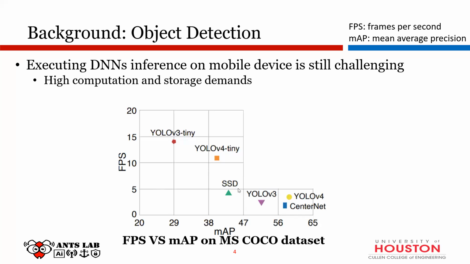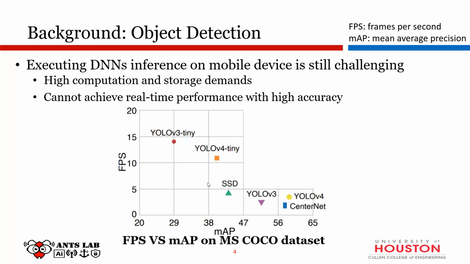To deal with this challenge, the authors in the YOLO group proposed the tiny networks that sacrifice accuracy to reduce the network size to implement on mobile devices. You can see that although the FPS is increased, the model accuracy can drop very much. So current object detection algorithms still cannot achieve real-time performance with high accuracy. In this paper, they try to solve this problem by proposing new schemes.